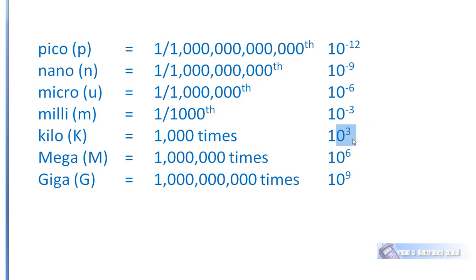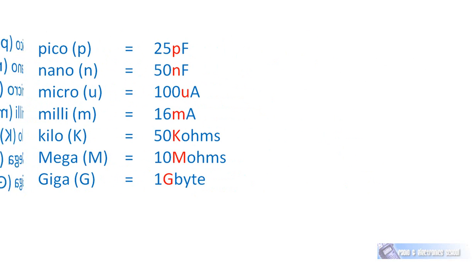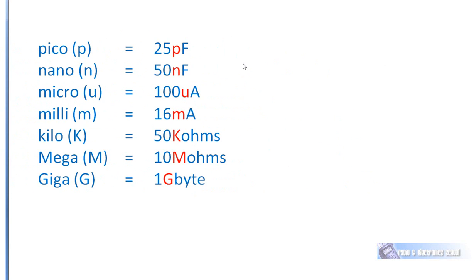What I'll do is I'll put up a few on the screen and show you how to enter them into my soft calculator. Suppose you wanted to put 25 picofarads into your calculator, and I've made up some values for all of them here.